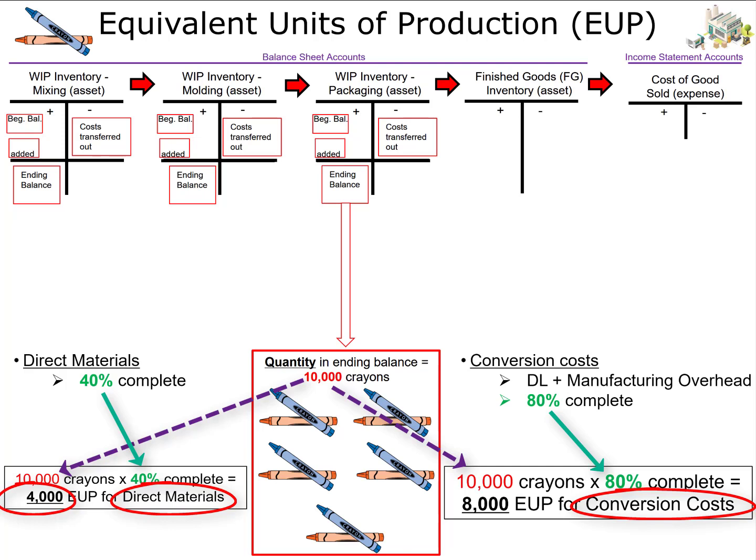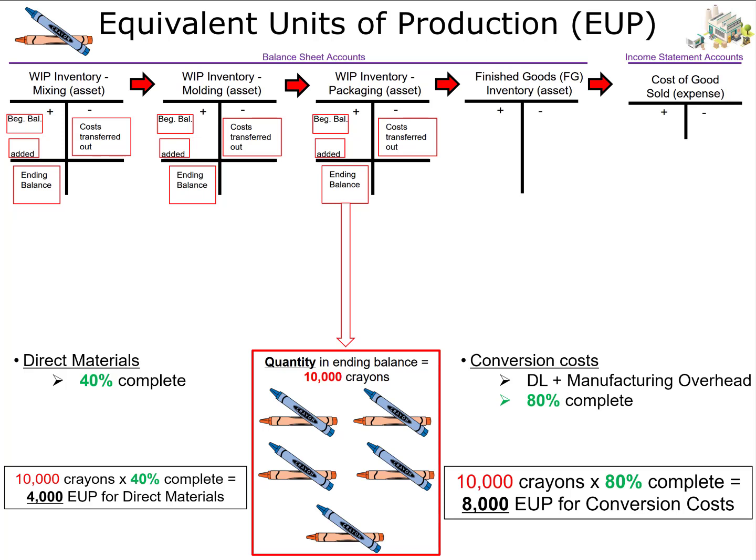And these 10,000 partially completed crayons are equivalent to 8,000 fully completed crayons in terms of conversion costs, which is a combination of direct labor and manufacturing overhead. Well, we've got a good start on calculating the three production costs: direct materials, direct labor, and manufacturing overhead. You'll see the equivalent units of production concept play out in the rest of this chapter, as it's a major part of creating the production cost report, which is our next topic.